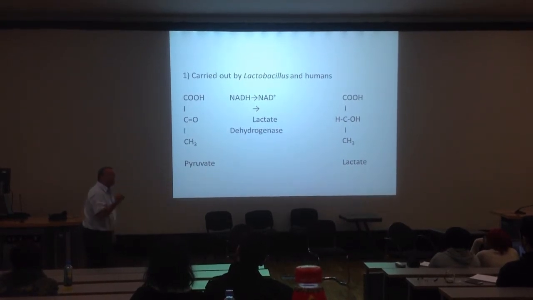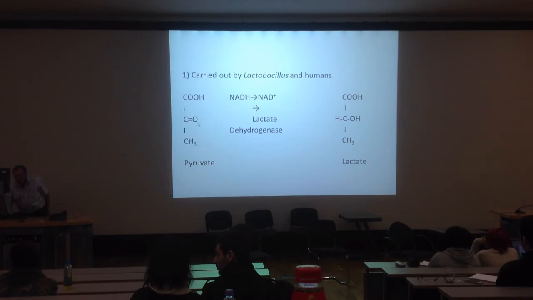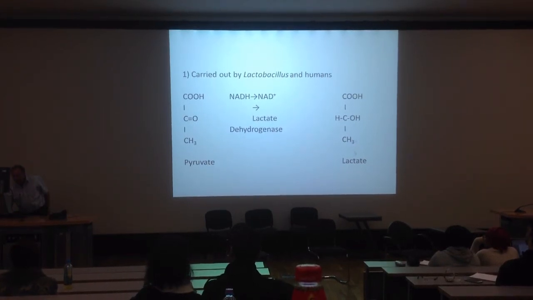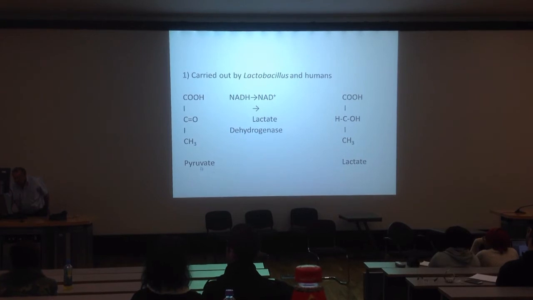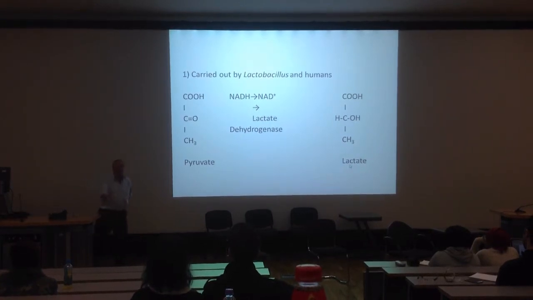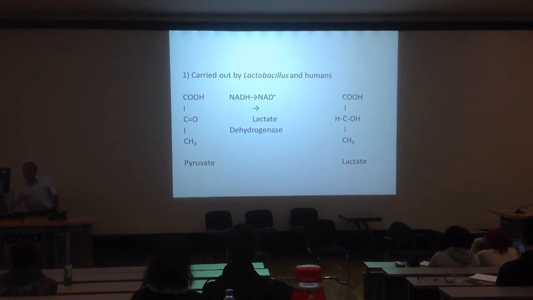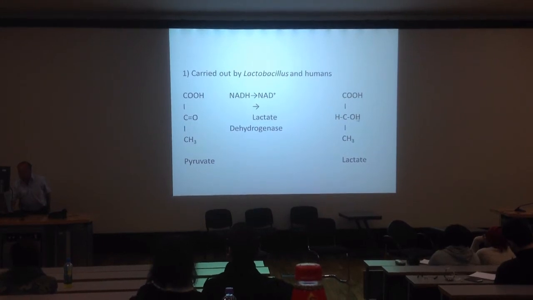The only place that this can work is on that C double bond O. Here, that becomes reduced to CHOH. So there's lactate. So pyruvate is converted to lactate in muscles when you go running, when you haven't got oxygen, and the important bit is that C double bond O is converted to that CHOH.